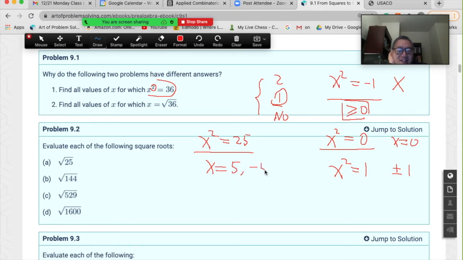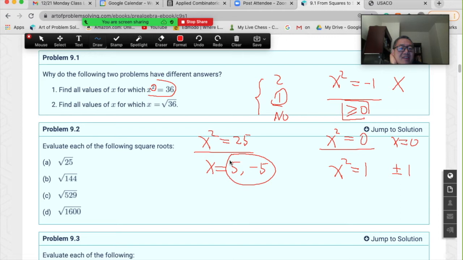Another one is negative 5. Because you know negative times negative still gives you positive, right? So negative 5 squared also equals 25. So this equation has two solutions.